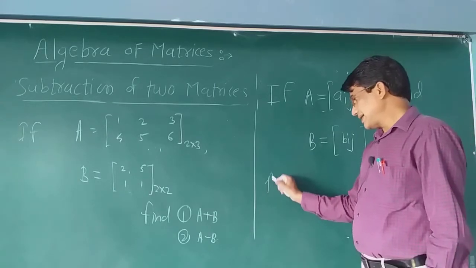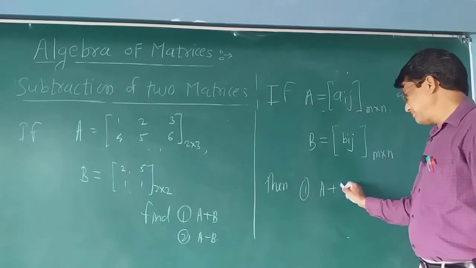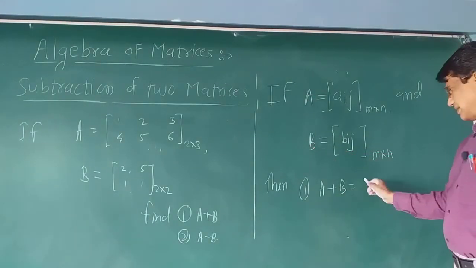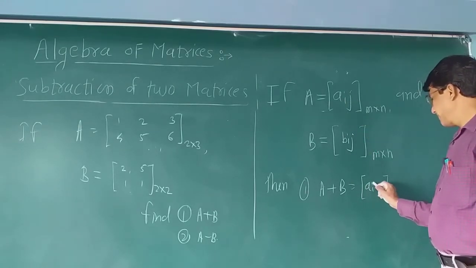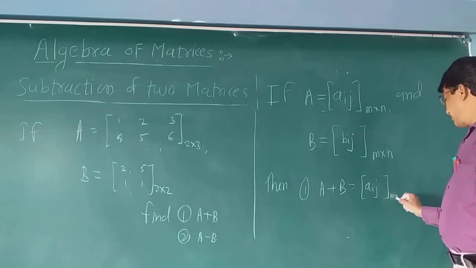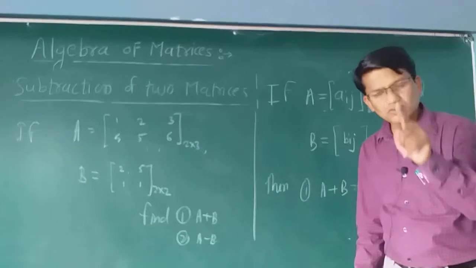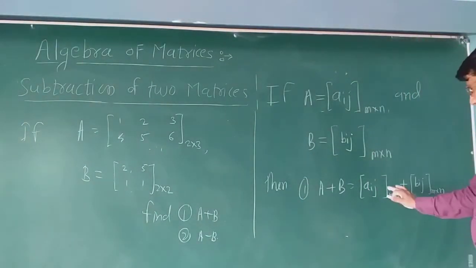Then their addition, A plus B equals A matrix plus B matrix, equals first matrix Aij, order m by n, plus Bij, order m by n. This is the addition of the two matrices by adding corresponding elements.